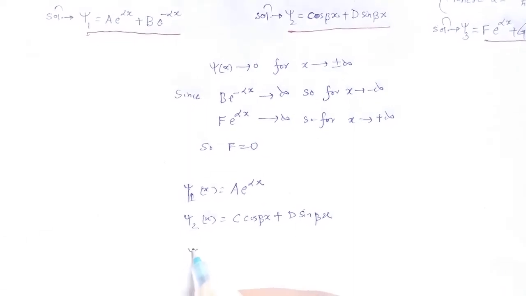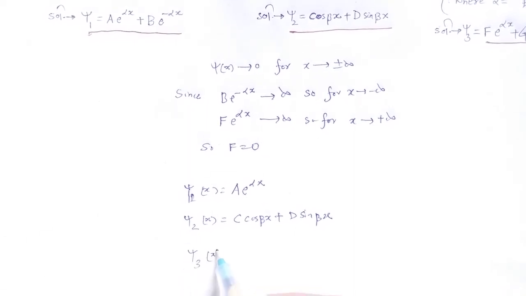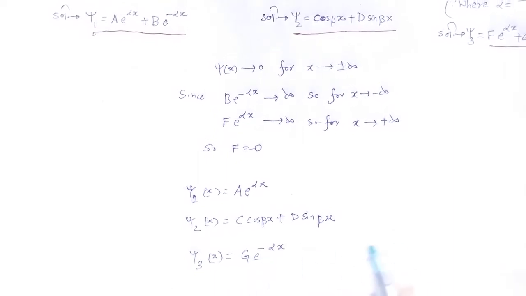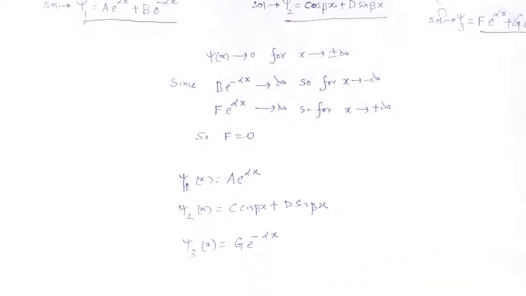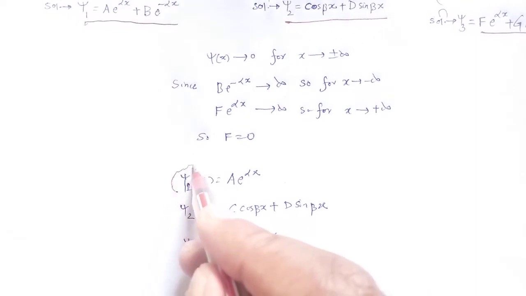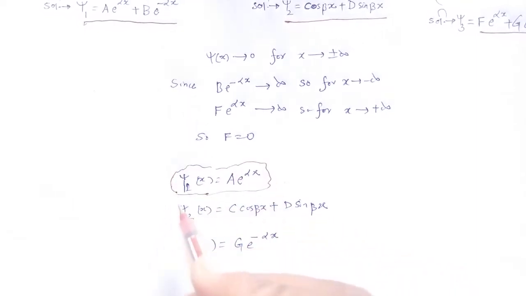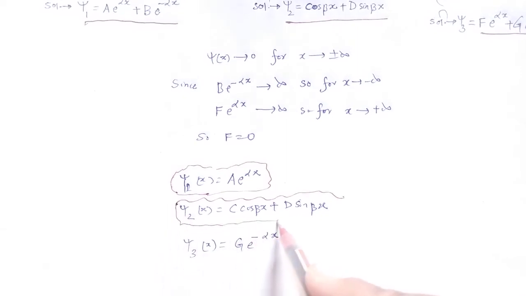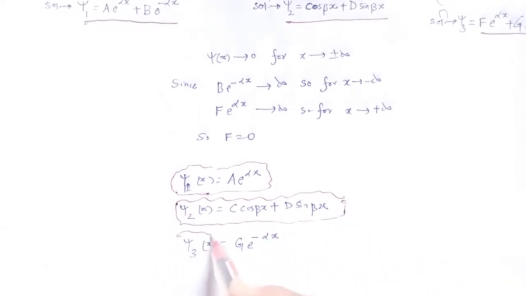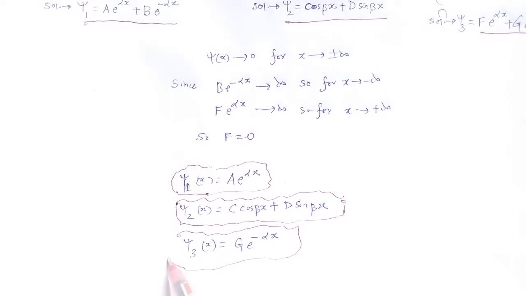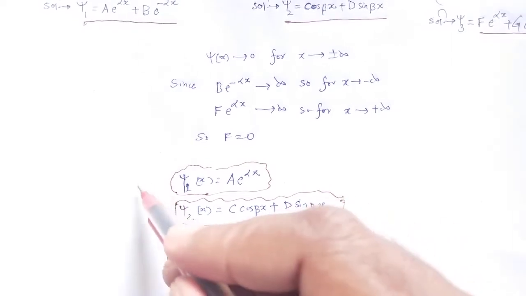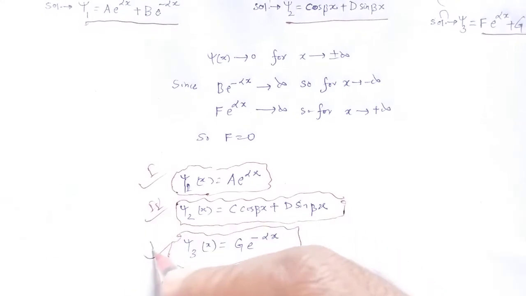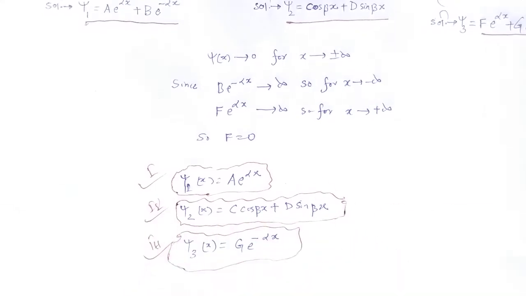Then the wave function 3 is G e to the power minus alpha x. These three solutions are represented for the square potential in these three regions accordingly: region 1, region 2 and region 3.